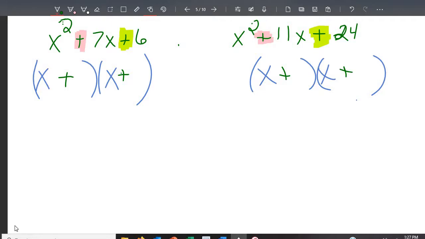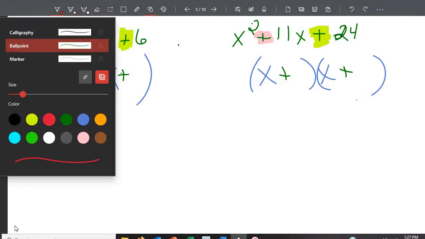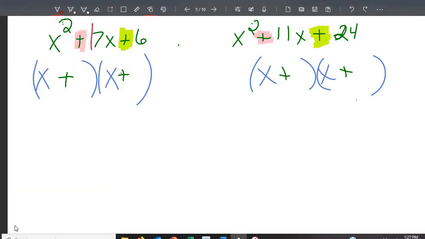Now, look at the number at the end and look at the number in the middle. I want to find the factors of 6 that add up to be 7. Here's the best way to do this. Take 6 and list out the factors of 6. List them as positive and list them as negative.